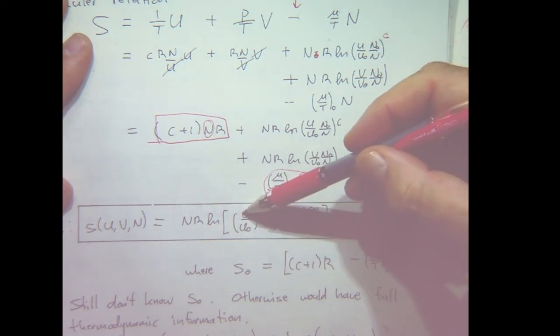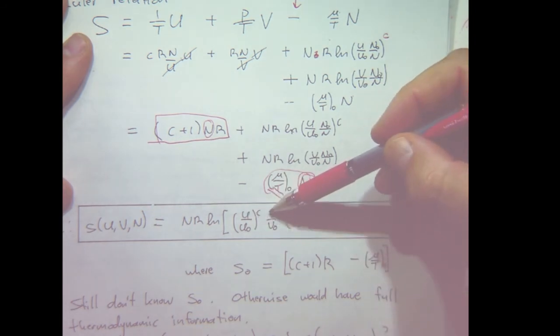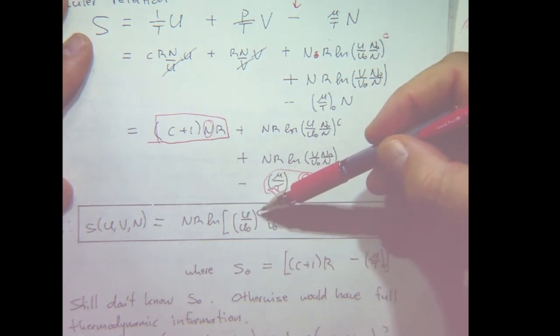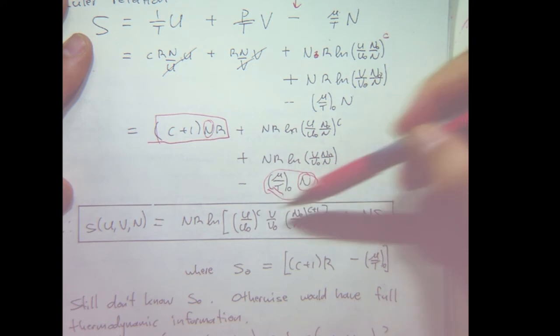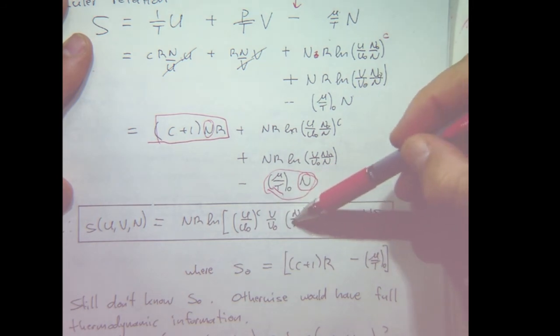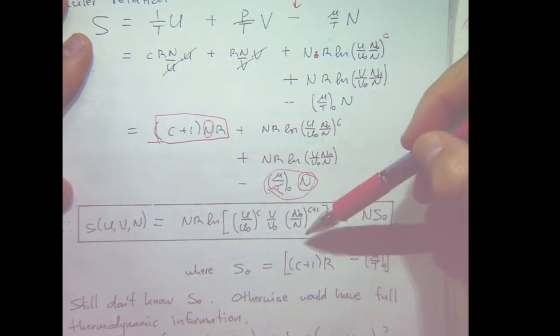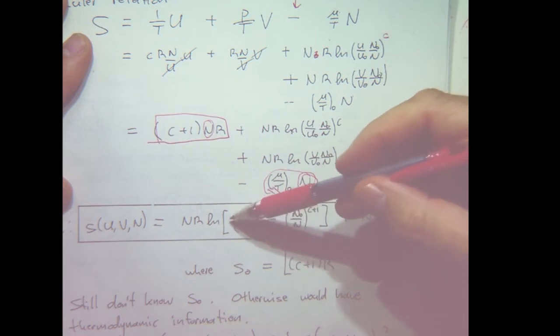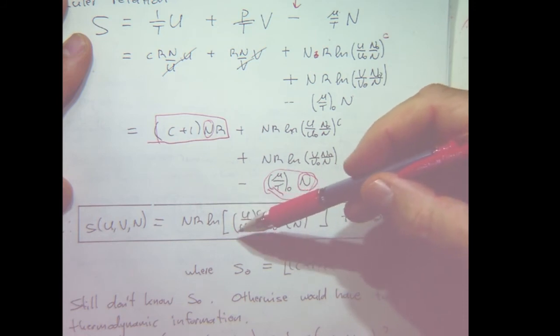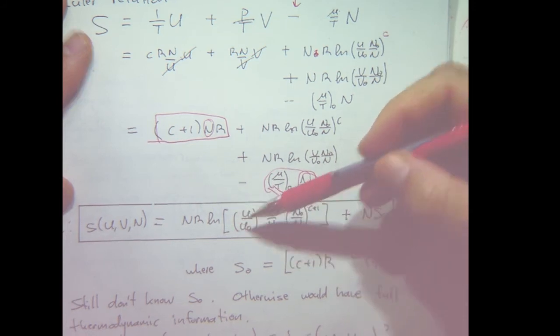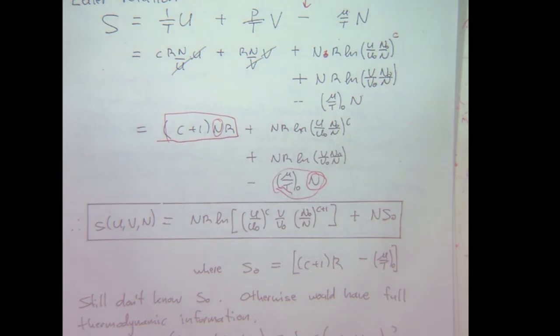So you have lambda to the C times lambda, so it's lambda to the C plus 1. And you have 1 on lambda to the C plus 1 there, coming from there. And so the lambdas all cancel out. And so there's no problem with the argument of the log. So the entropy we find is properly extensive.